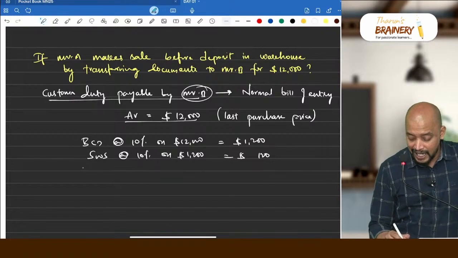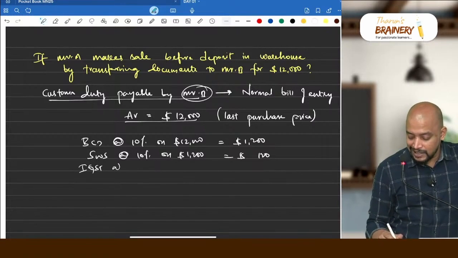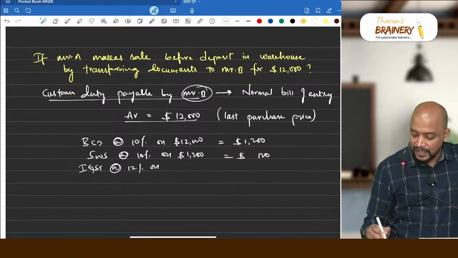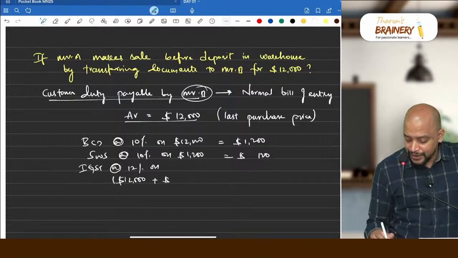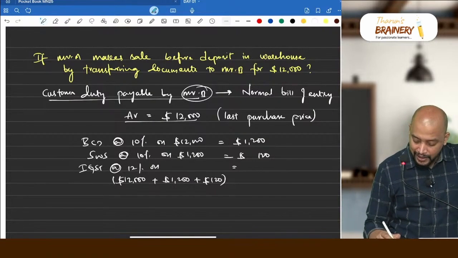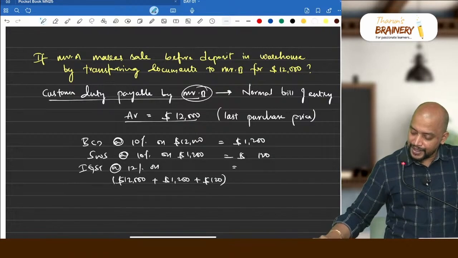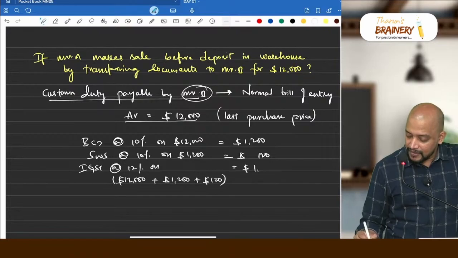And next we have IGST. Now should we compare? No, don't do the comparison, do it normally. IGST at the rate of 12% on 12,000 plus 1,200 plus 120, that will be 1,598.40.